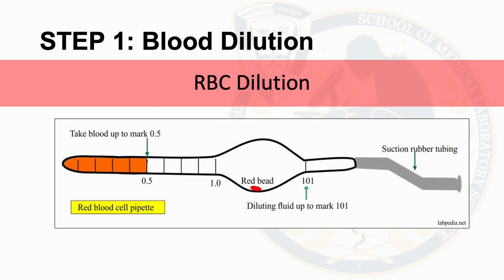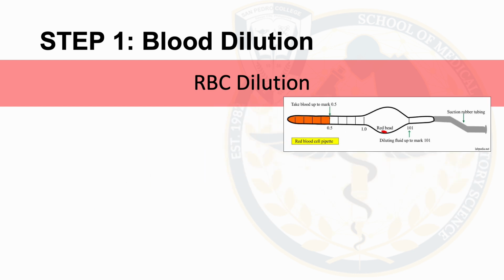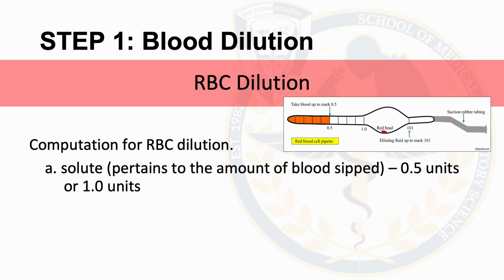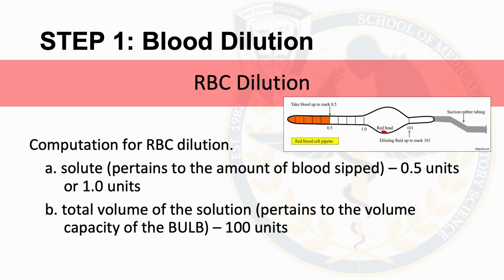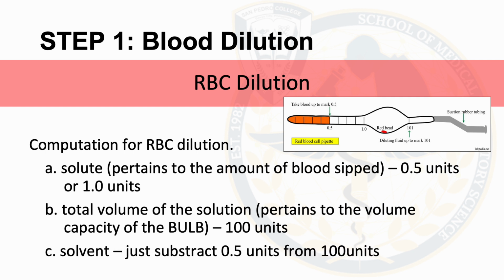Okay. So, let's go with your RBC dilution. In this case, the computation for your RBC dilution is your solute, less the 0.5 units or 1 unit. And then the total volume of the solution pertains to the volume capacity of the blood, which is 100 units. And then for the solvent, just subtract 0.5 unit from the 100 unit. Why? Because the blood you sipped is only up to 0.5.